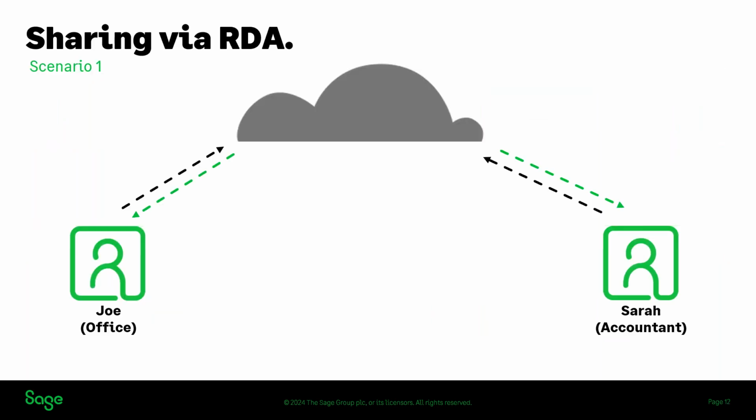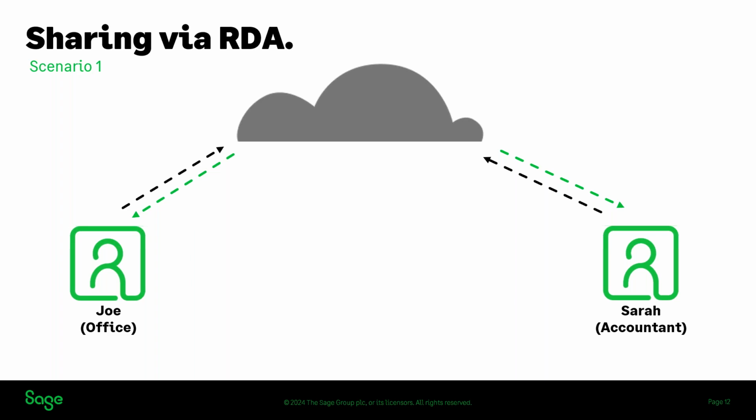This is scenario 1. This is the same scenario as the manual data sharing. Joe is in the office and his accountant is external in her own office, and they're using remote data access. Joe can continue to process those invoices whilst his accountant is adding those adjustments.